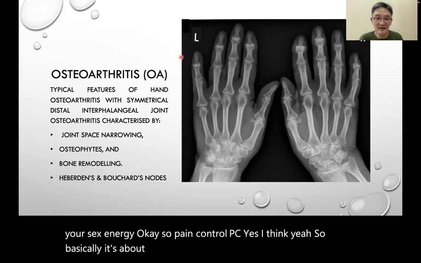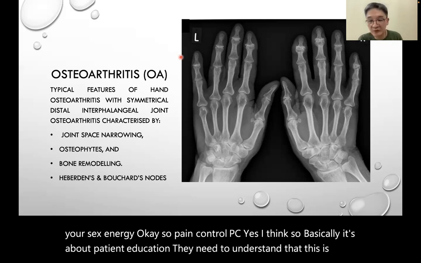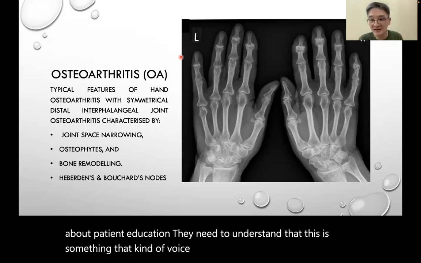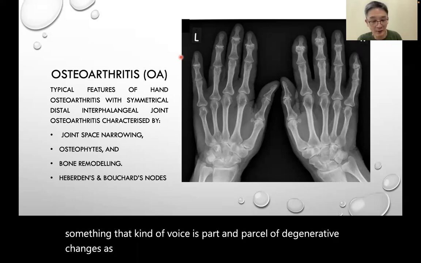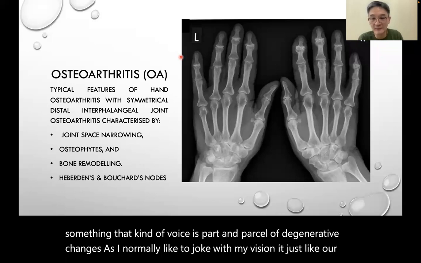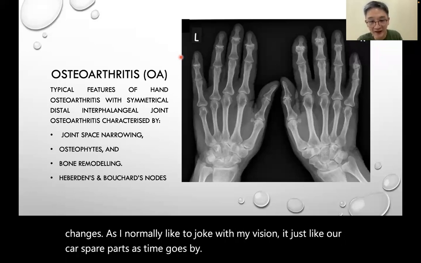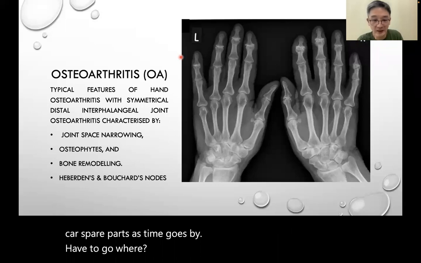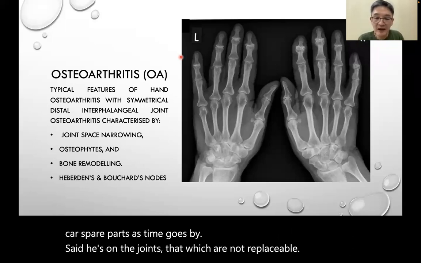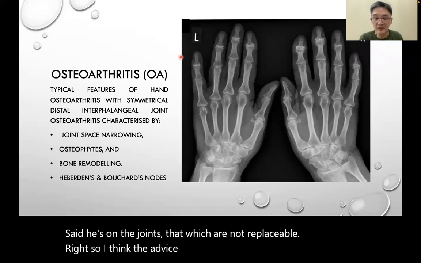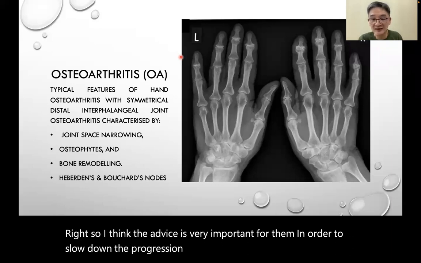They need to understand that this is something that can't be avoided. It's part and parcel of degenerative changes. As I normally like to joke with my patients, it's just like our car spare parts. As time goes by, they undergo wear and tear. It's just that these are joints which are not replaceable. So I think the advice is very important for them in order to slow down the progression as well as reduce the symptoms.